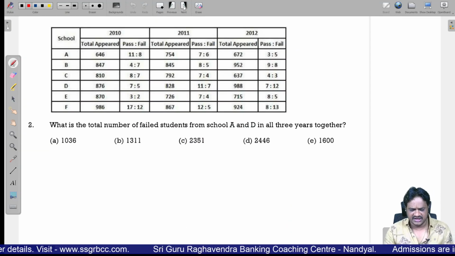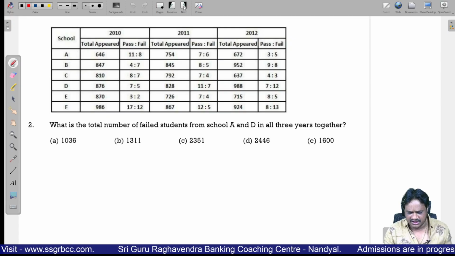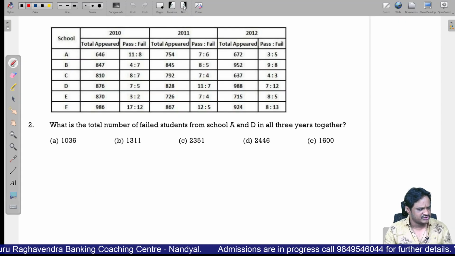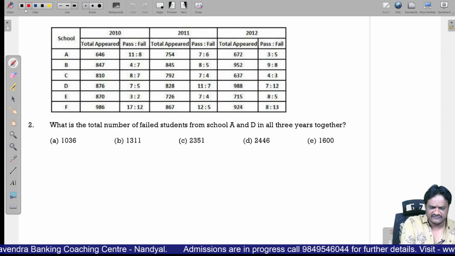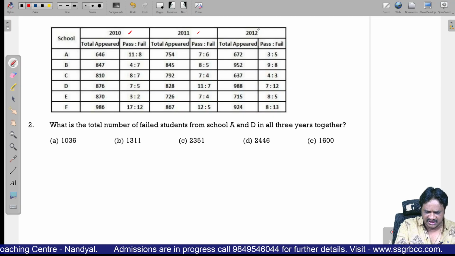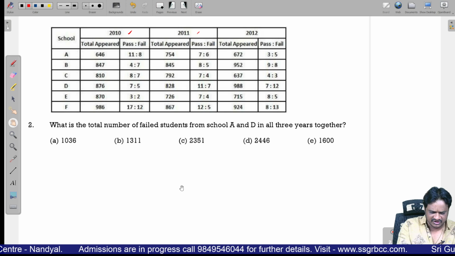Let us see the next question. What is the total number of failed students from A and D in all the years? So we have to calculate A and D failed students from all the years. First of all, I am taking A. All the years means 2010, 11, 12.